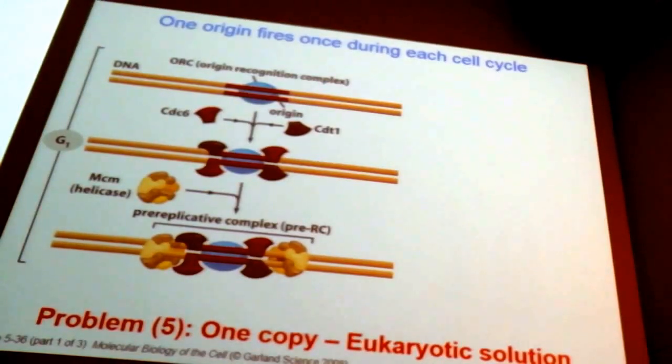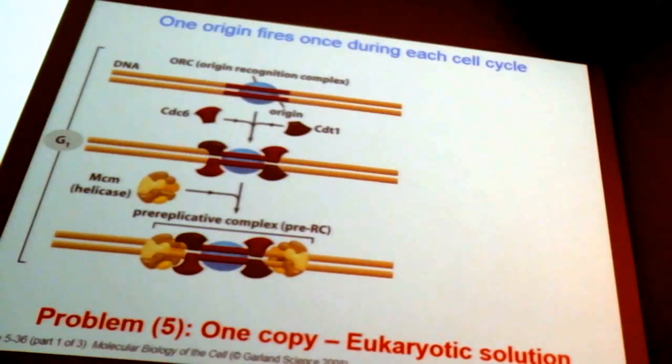Because the cell cycle in eukaryotes can be quite complex, you have regulatory mechanisms that make sure that whatever change you made to the origin of replication, say by phosphorylation, doesn't get removed until the cell cycle is done, through, let's say, the action of a phosphatase. That's the crux of it.